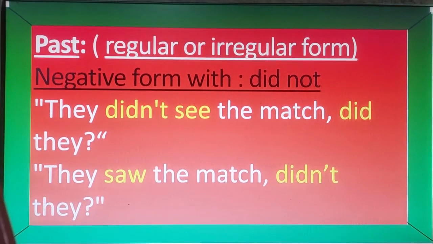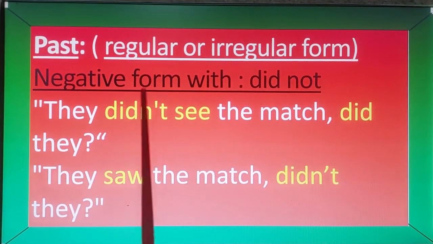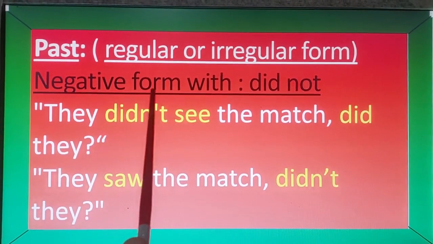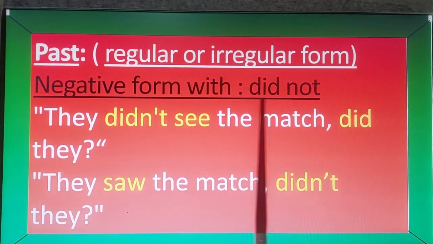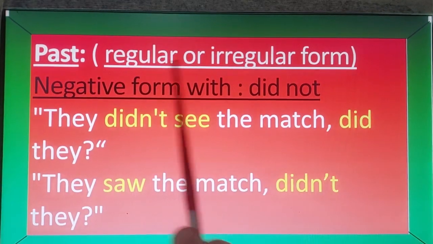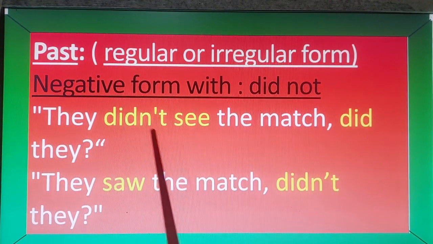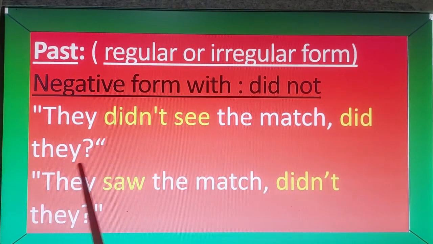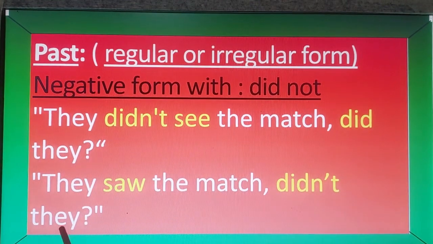Now if the past of a verb is in the negative form, we have to say did not. So for regular or irregular form, they didn't see the match, did they? They saw the match, didn't they?